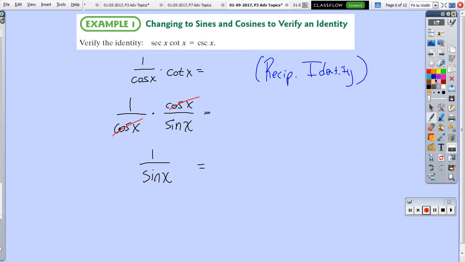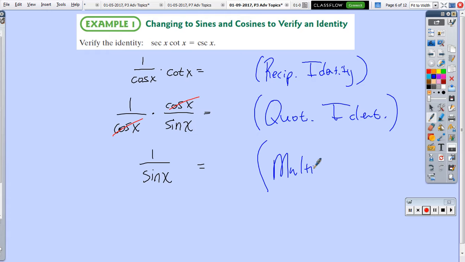And what was the justification for this step? Multiplication? You could put simplify.